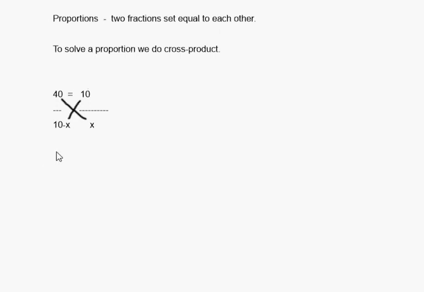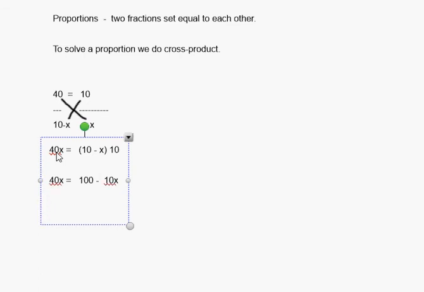And when we do that, we get 40x equals 10 minus x times 10, which gives us 40x equals 100 minus 10x.